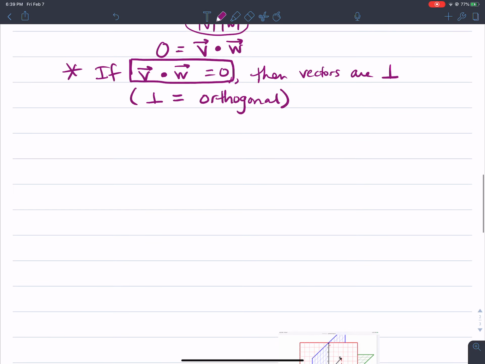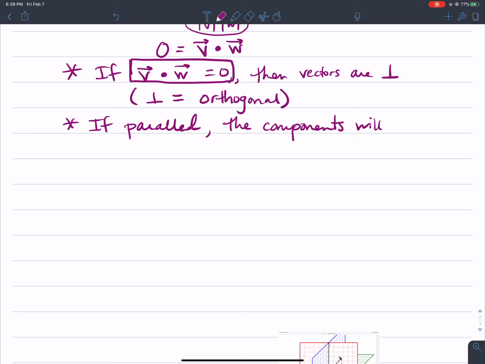All right. If your vectors are going to be parallel, basically what that means is that the components are going to be multiples of each other, because that means that they're going in the same direction. So we'll write that down.